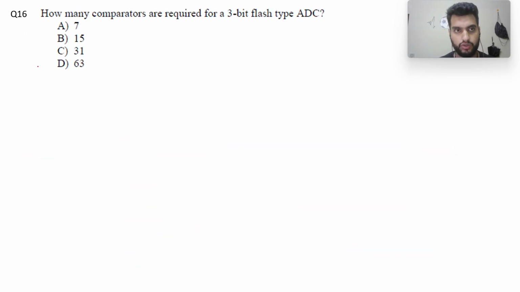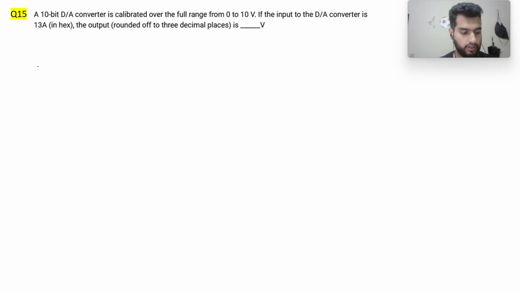Now towards question number 15. I would like you to try it first, and then I will show the solution. It states that a 10-bit digital to analog converter is calibrated over a full range of 0 to 10 volt. If the input of the DAC is 13A in hex, then the output rounded off to 3 decimal places is.